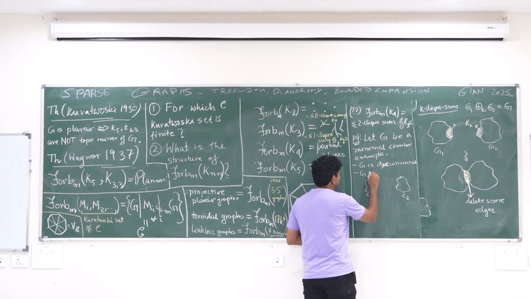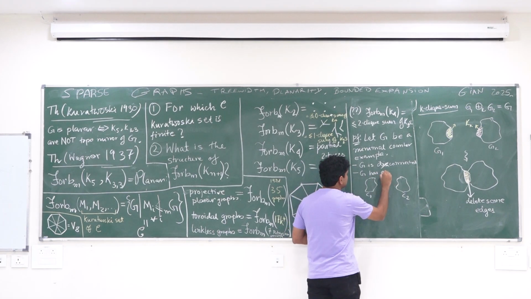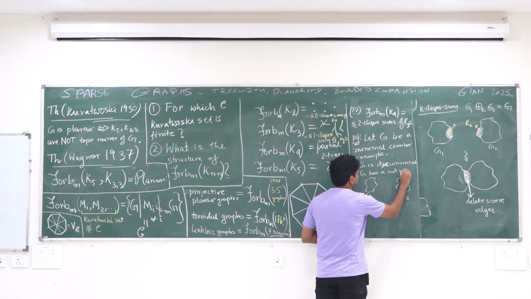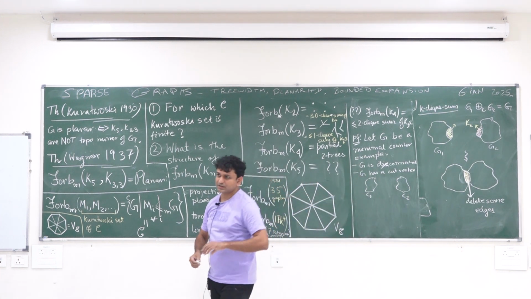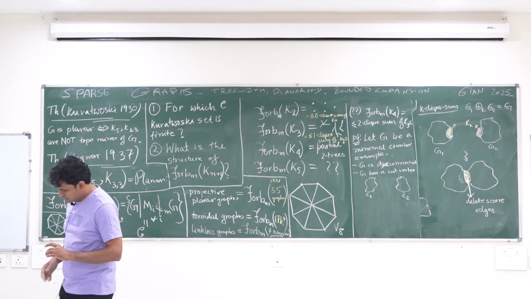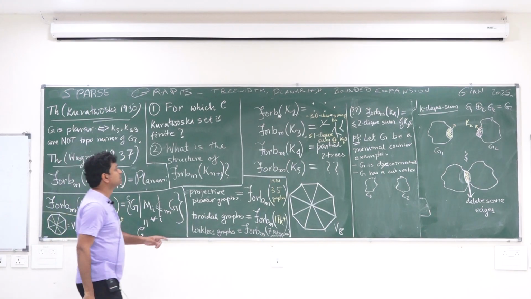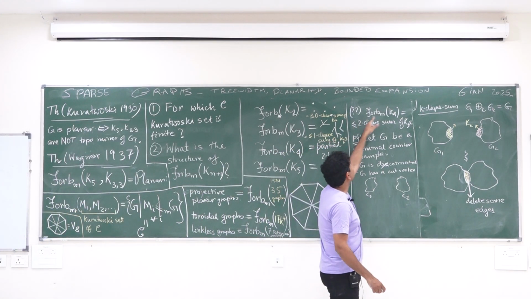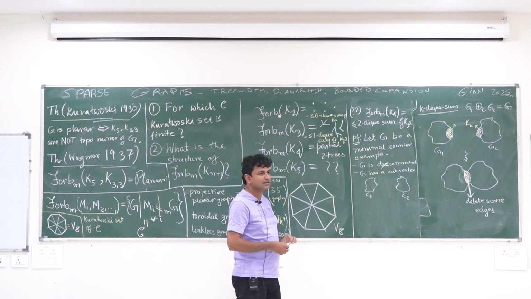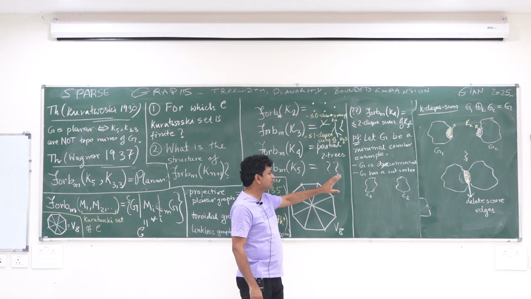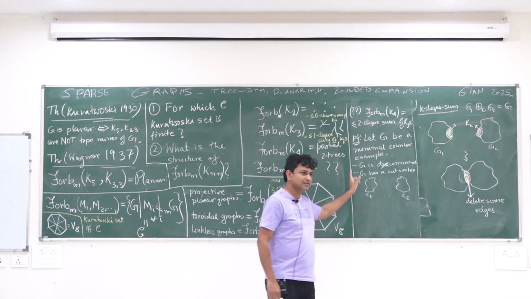G has a cut vertex. So what are you trying to prove here? Prove this is false. So a minimal counterexample cannot be disconnected. This is what we do.